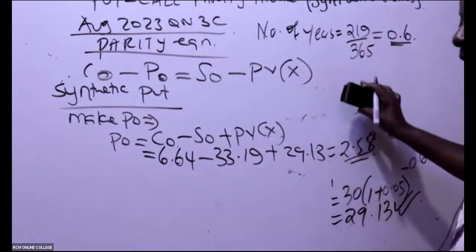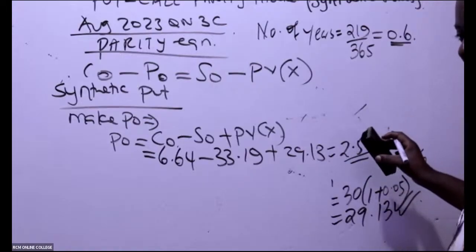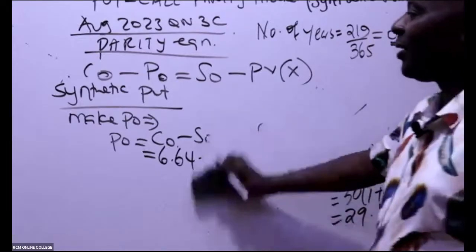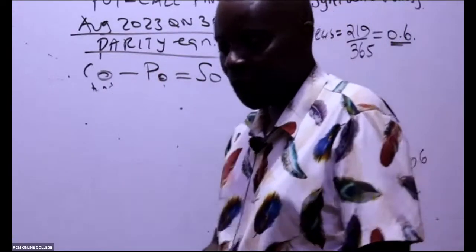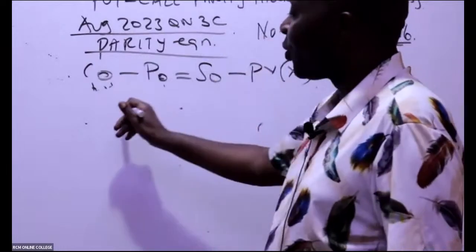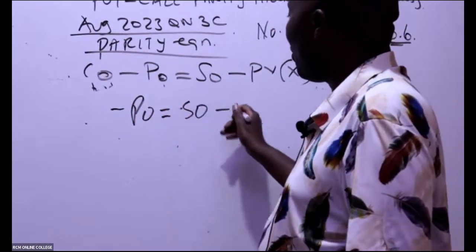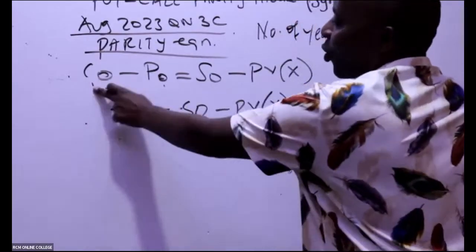Can I wrap this? Have you guys been able to write up to here? All right. So then I can wrap this comfortably. If making PO the subject has an issue for you, then what some people will do, they will take this CO to the other side. So they'll say minus PO equals SO minus PV X, and then our CO is crossing over.